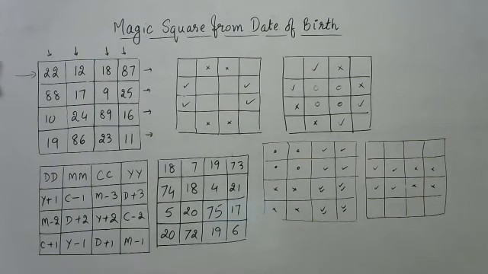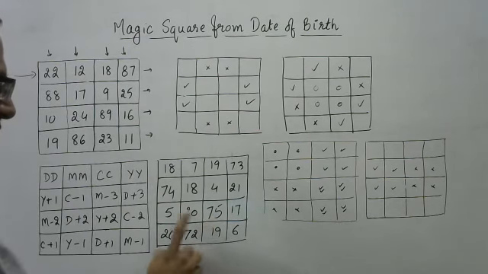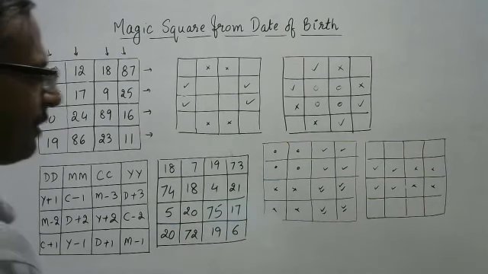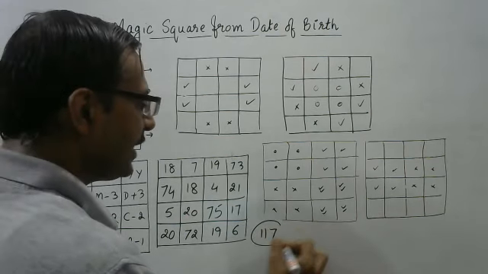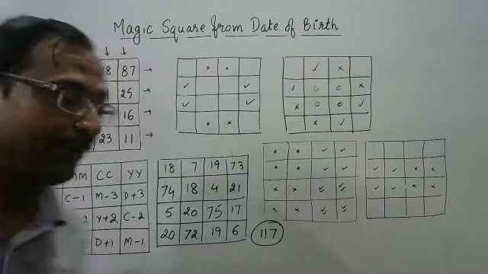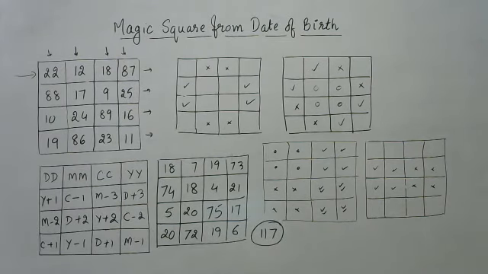So you can verify what the sum is here: 75, 80, 100, 117. In this case, from my date of birth, I am getting a sum of 117 along all the sides I have mentioned. This is something very unusual and very interesting, propounded by the great Srinivas Ramanujan.